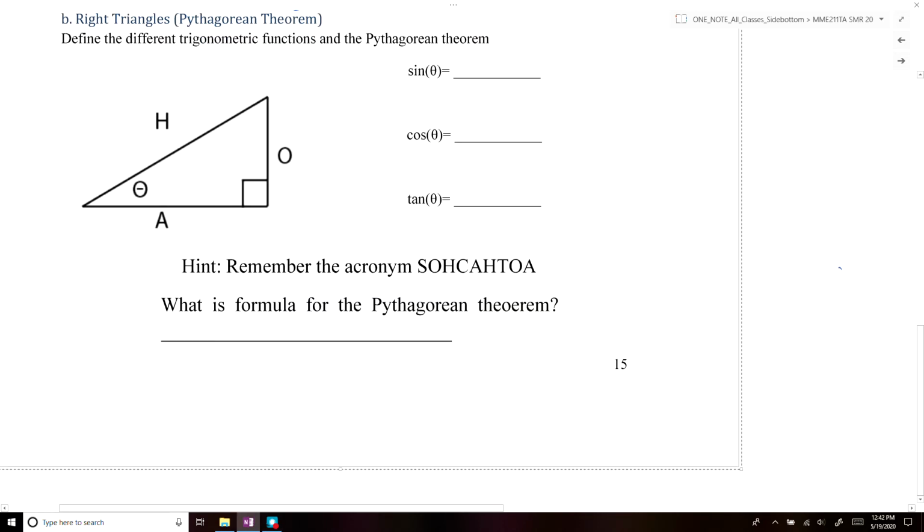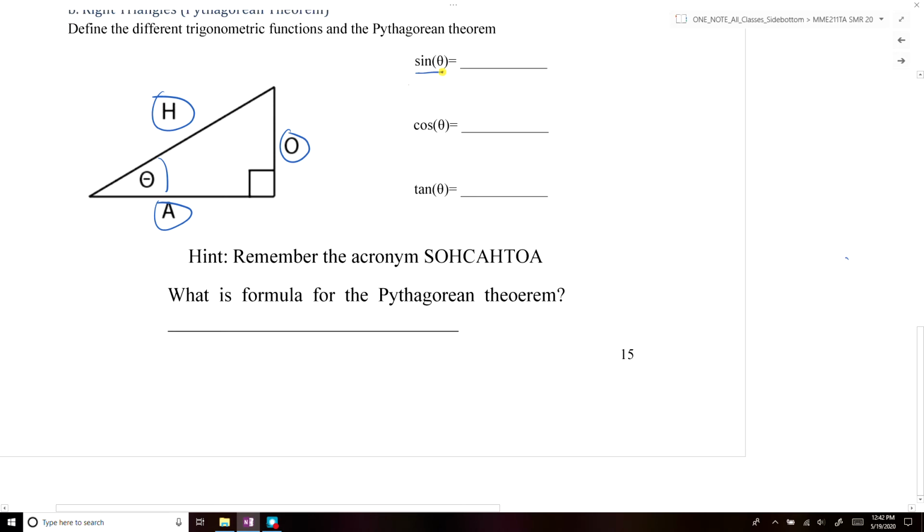So in this part of the video, we're going to look at the specific case of a right triangle, and using the three sides of our triangle O, A, and H, I want you to define what the sine of the angle theta would be equal to, what the cosine of the angle theta would be equal to, and the tangent of the angle theta would be equal to in terms of the sides of our triangle.